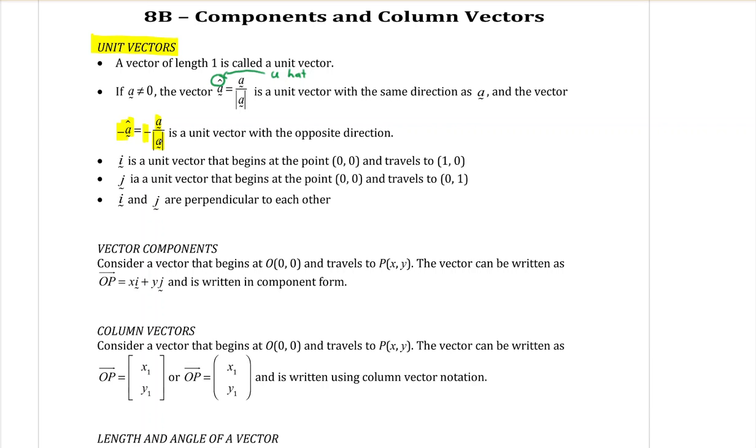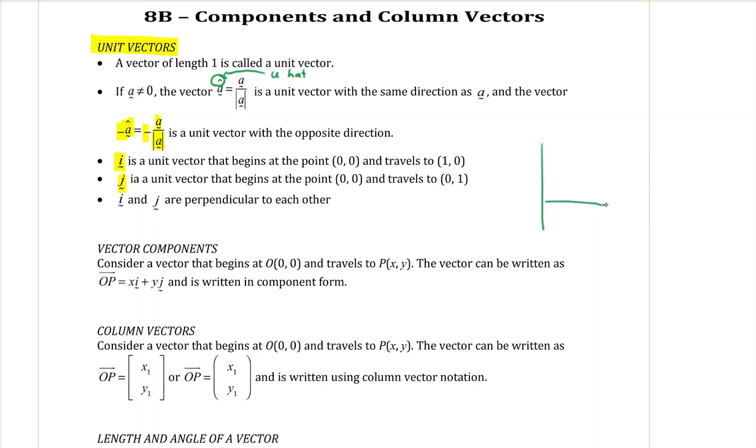Now, the unit vector along the x-axis, we're going to call that I, vector I. And it is the unit vector that begins at the point 0, 0 and travels to the point 1, 0. J is a unit vector that begins at 0, 0 and travels 1 unit on the y-axis. And you could draw a little diagram for that if it helps you to visualize it.